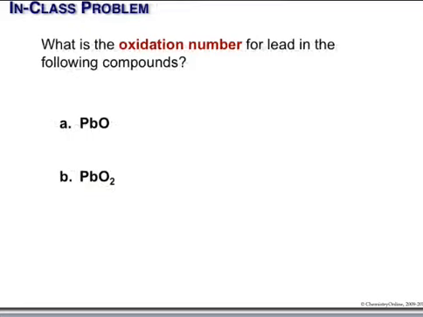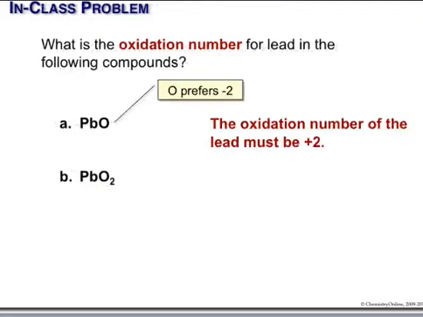So let's look at our compound here. We know our oxygen is going to be group 6. It's going to pick up 2 electrons and become a -2. That means, in order to be neutral, the oxidation number of lead must be +2.